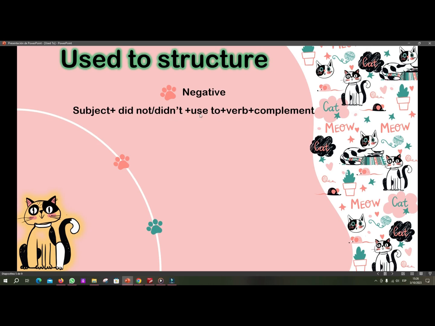Here we're going to use the used without the d. So we're going to use it in the base form, we can say that, because we're using did not here. Okay, so you're not going to add the d here, just the base form and also the base form of the verb plus the complement.